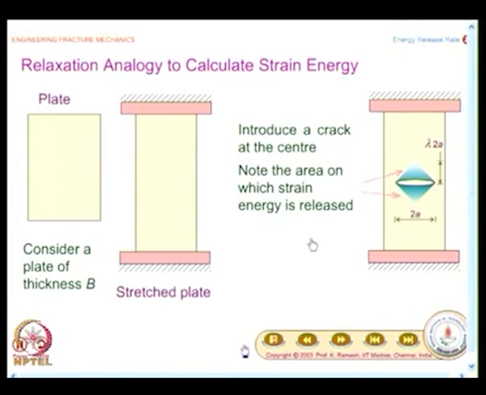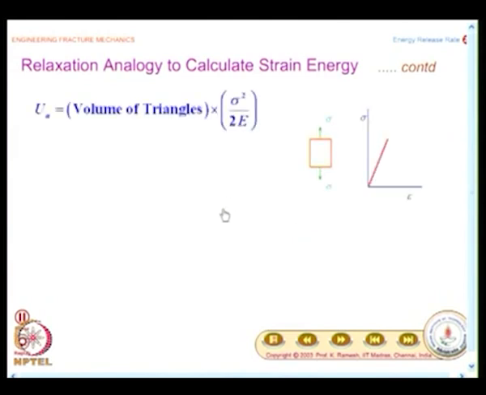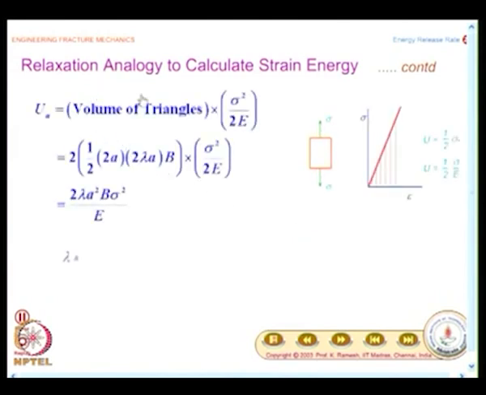And what we have also done in the calculations, if you look at the calculation, I say volume of the triangle, I say all this, but I also bring in a factor called lambda. We have not evaluated lambda. If I evaluate lambda based on a triangle, then the question is valid: why is the triangle so special? We have only indicated that a region close to the crack contributes to the formation of two new surfaces.